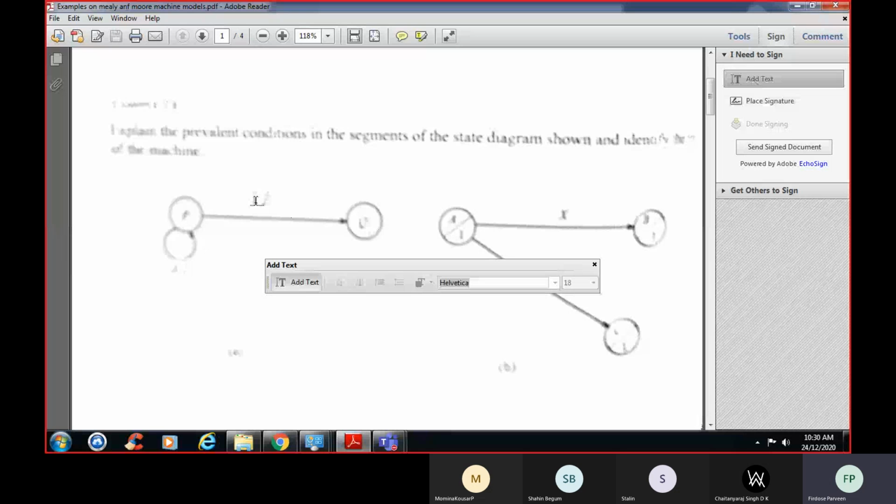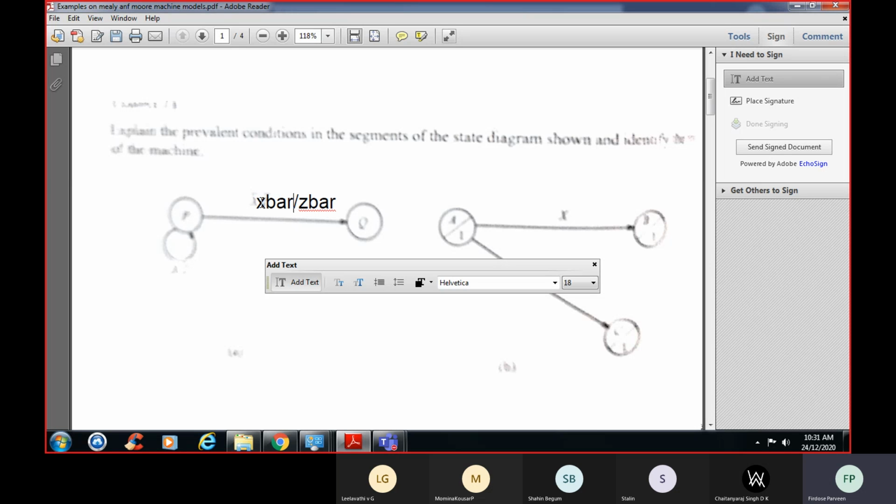Here it is X bar. Here it is X. I'll write down X bar and Z bar because I cannot indicate.